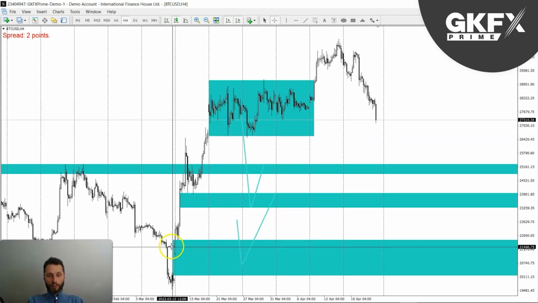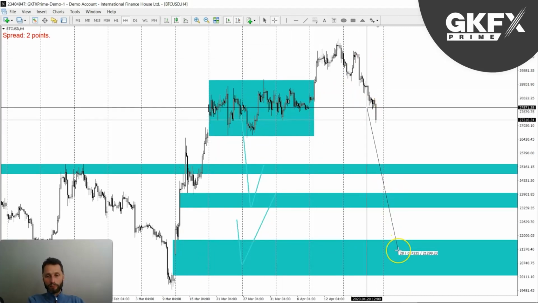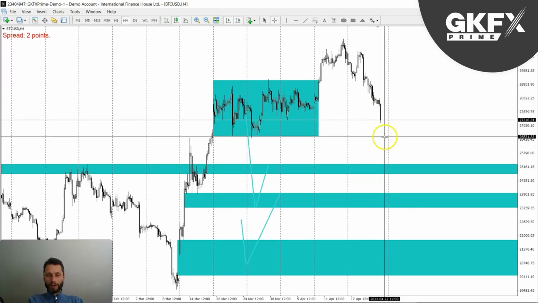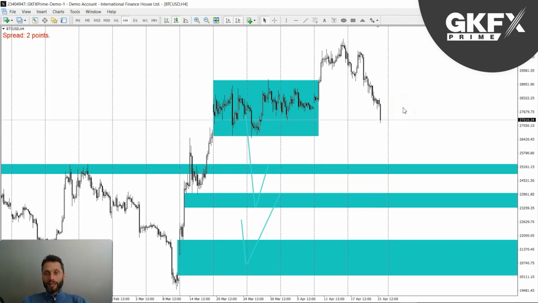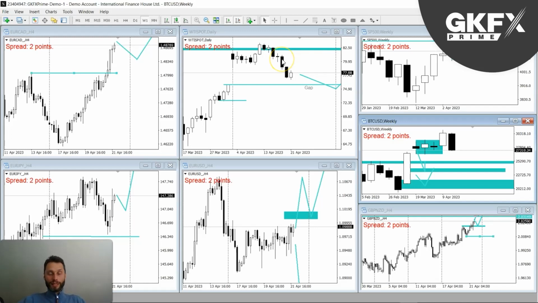So let's see if that happens again in this case, but we are really quite a long way away from this gap down here where we are at the moment, and it's too early days to tell, so let's wait for that. Be patient once again. I'm going to keep repeating that word, and then get in when the market is right, when it shows us its hand in the price action.